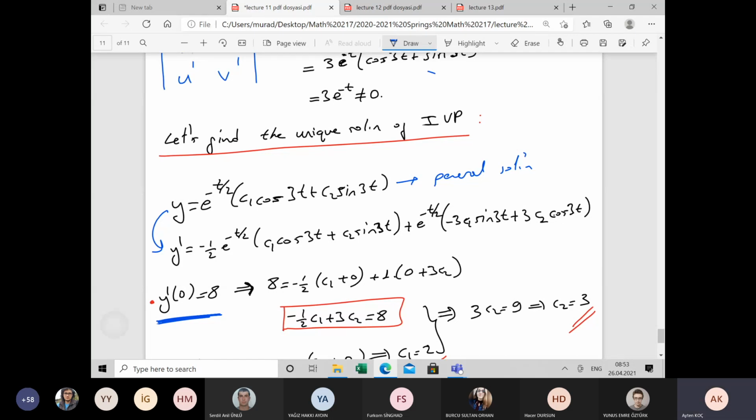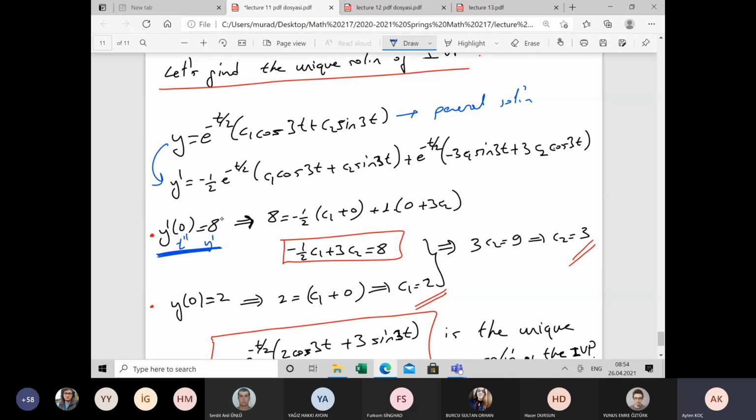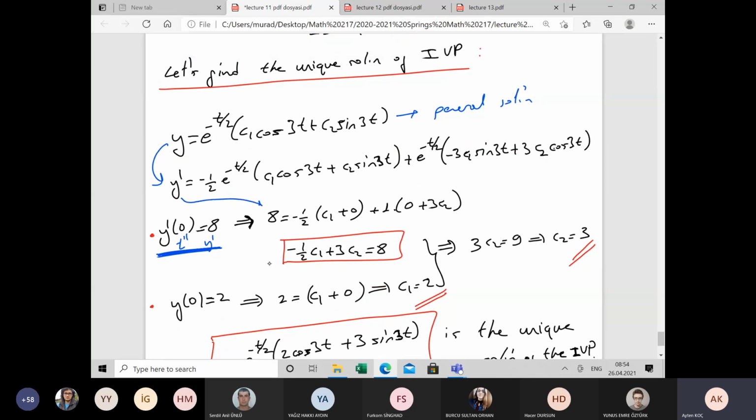What is the first initial condition? Let's come back to our question. We use the first and second initial conditions here. y prime of 0 is 8, so substitute t equals 0 and y prime equals 8, and we obtain this equation.